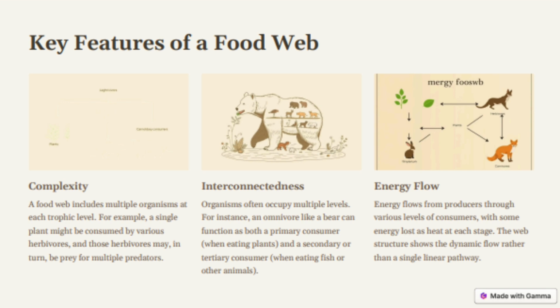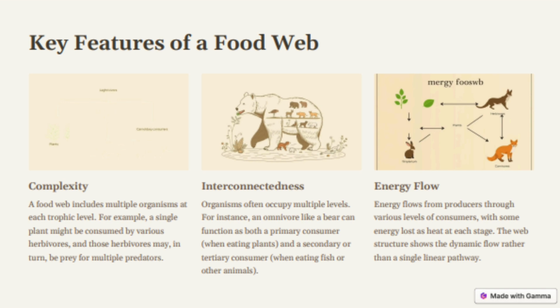For instance, an omnivore like a bear can function as both a primary consumer when eating plants and a secondary or tertiary consumer when eating fish or other animals. Okay, so because alam naman natin yung omnivore, so they both feed on plants and animals or meat.